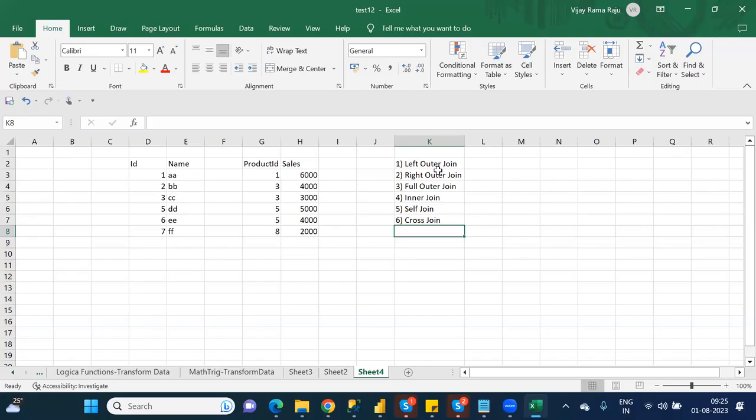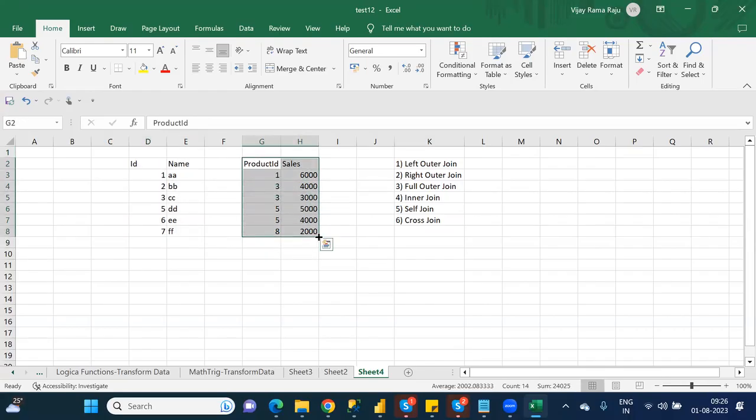What is a common column, Vijay? A common column is nothing but similar values between those columns. Suppose, for example, in this particular table, what are the similar values to this data set?